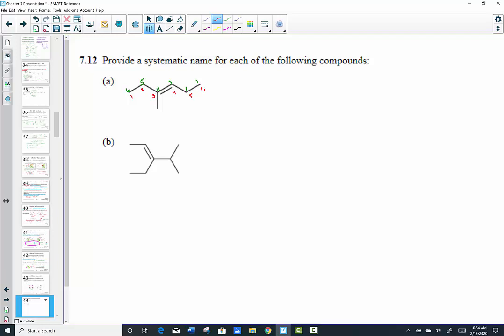So the double bond is at number 3 when I arrive from counting left to right and when I arrive counting right to left. So which way wins? Well, we get the double bond at carbon 3 in both directions.